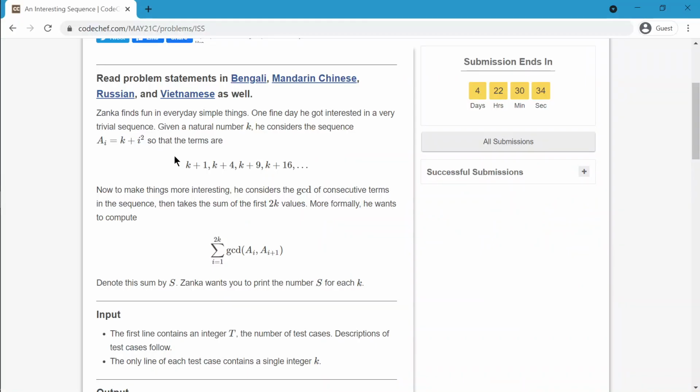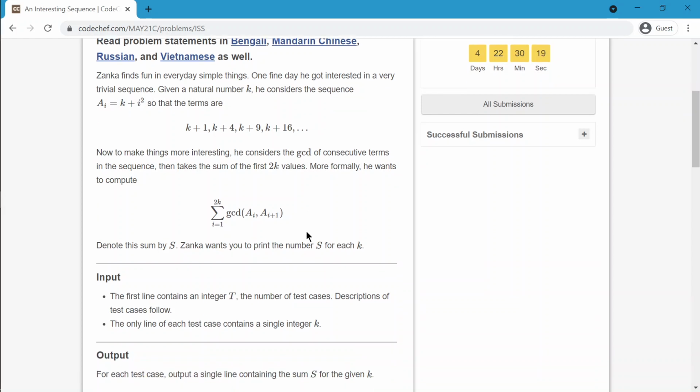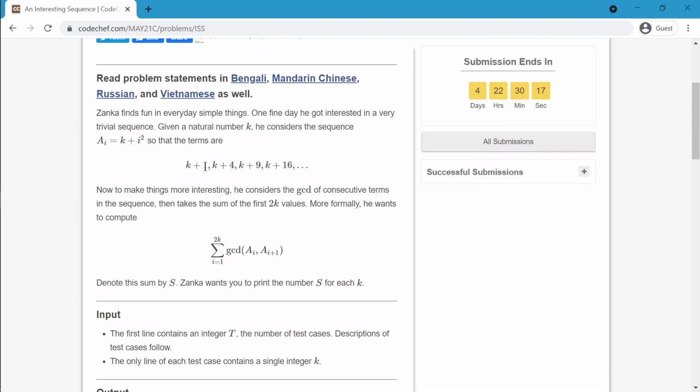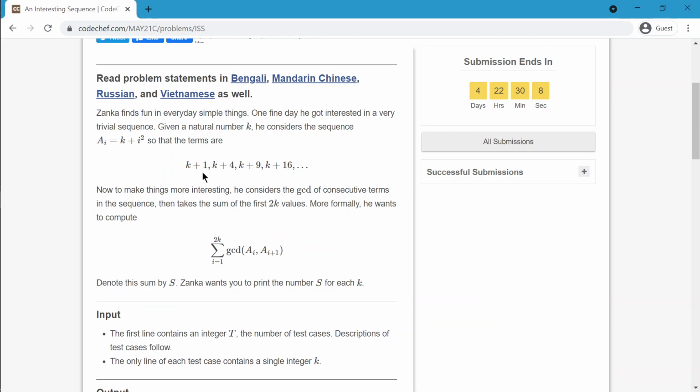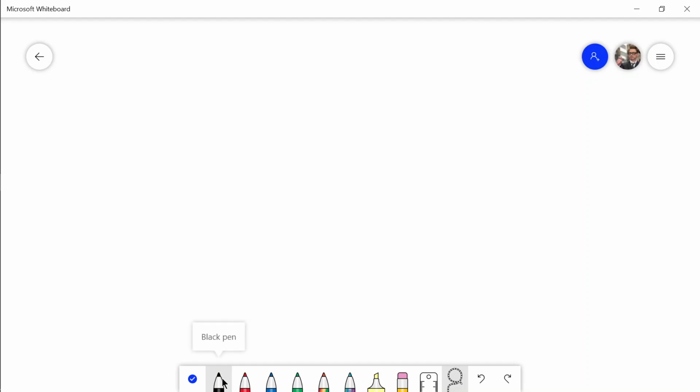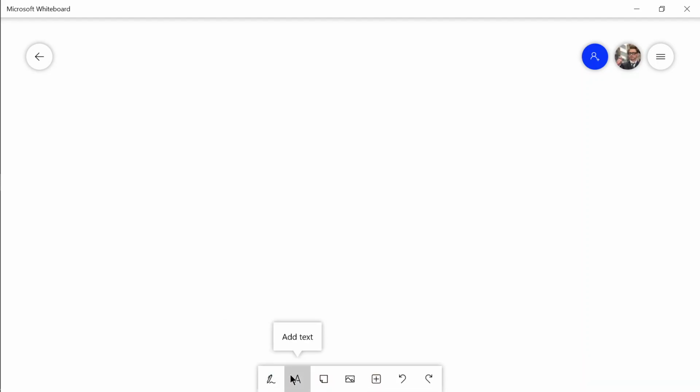Okay, so a sequence has been given to you, and the sequence is a_i equals k plus i squared, where k is a natural number which will be given to you in the input. Let me write the sequence for you.